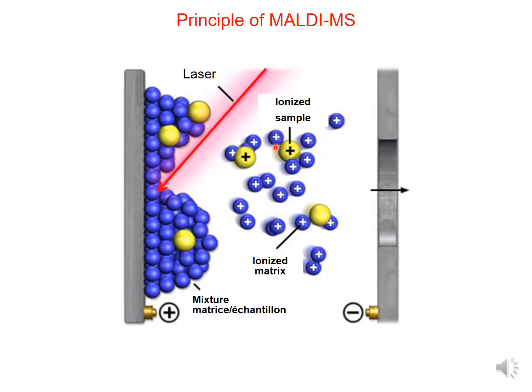Then this is a two-step process. First, we hit the sample with the laser. The matrix takes the energy and then becomes ionized. And after that, by transfer of energy between the matrix and the sample, you obtain ionized sample.